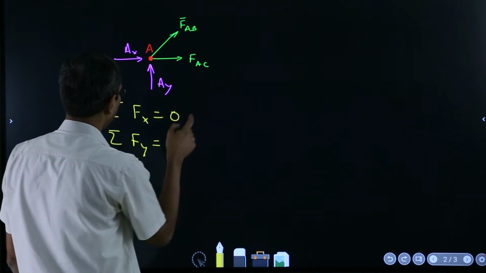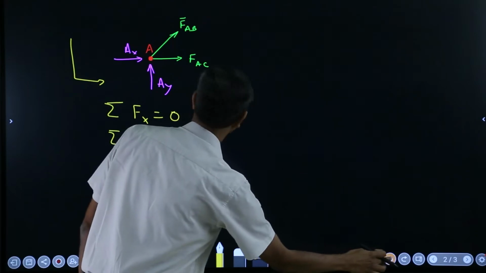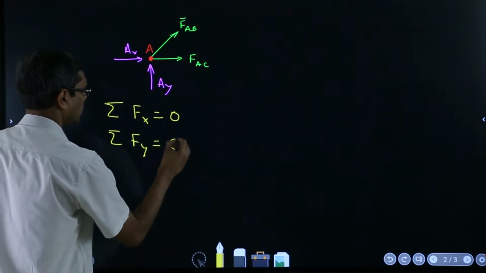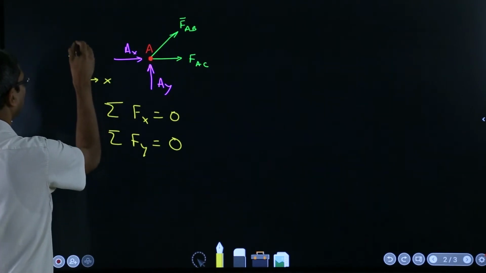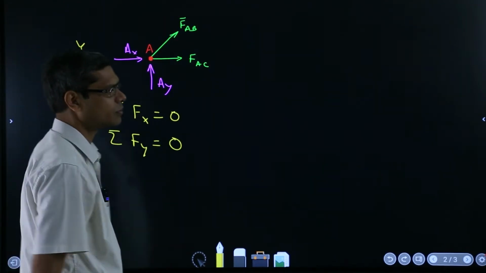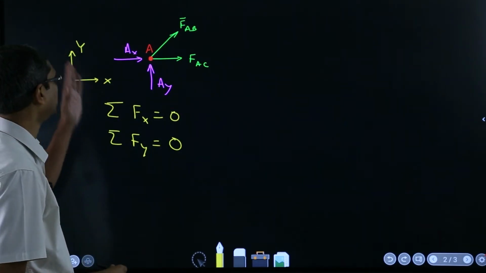If I consider my x to be this and y to be this, so sum all the forces in x, they should go to 0, and sum all the forces in y, they should go to 0.